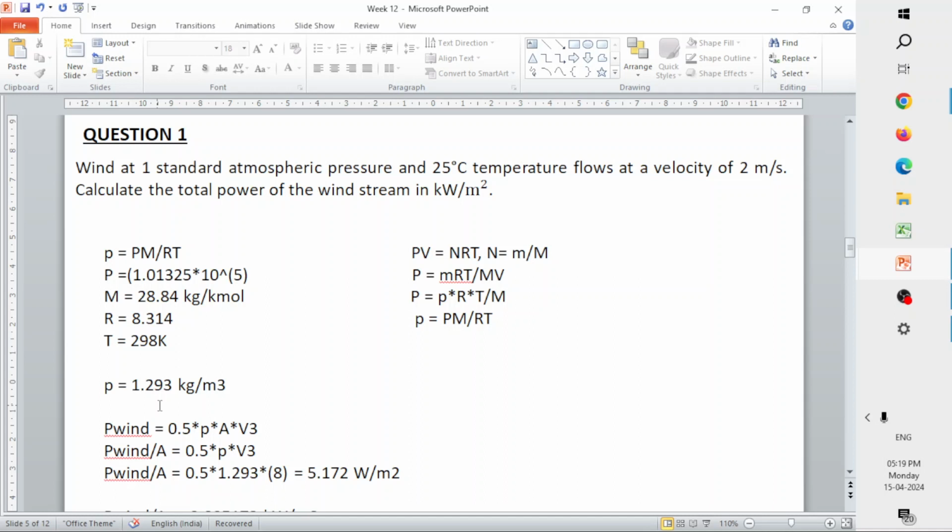So for practice purposes I took the same value of rho as 1.293, but as such, if you are not given the air density data in the question, then it becomes your responsibility to actually calculate the density of the air, and for that you are given the pressure as well as temperature.